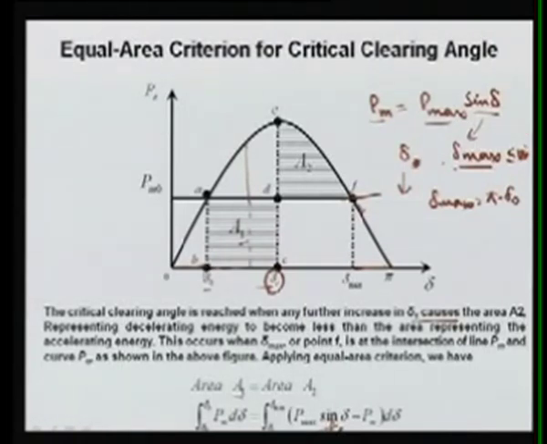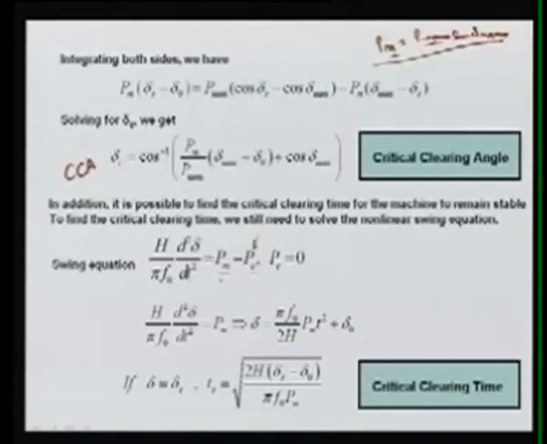So we want to integrate from here to here where the Pe is 0, and we can solve this equation. Here we will get pi f naught upon 2H, Pm t square plus delta naught, because it is starting from delta naught. So delta naught is added, and this is with respect to time, thus delta is increasing.